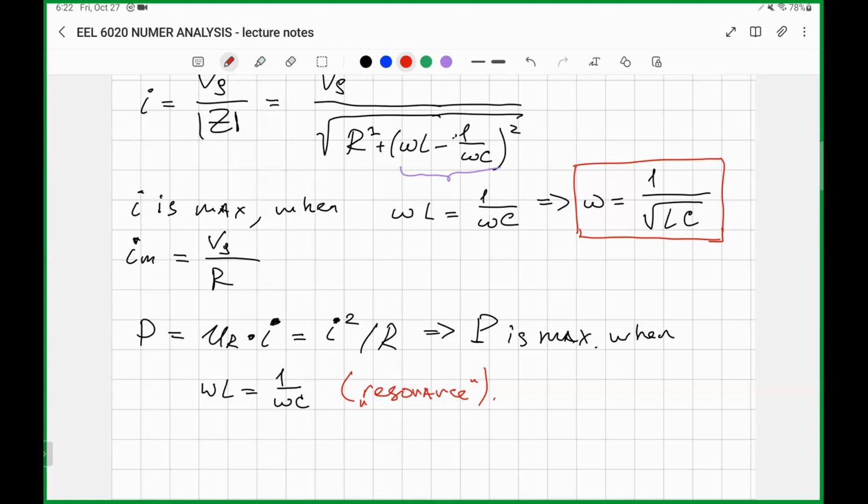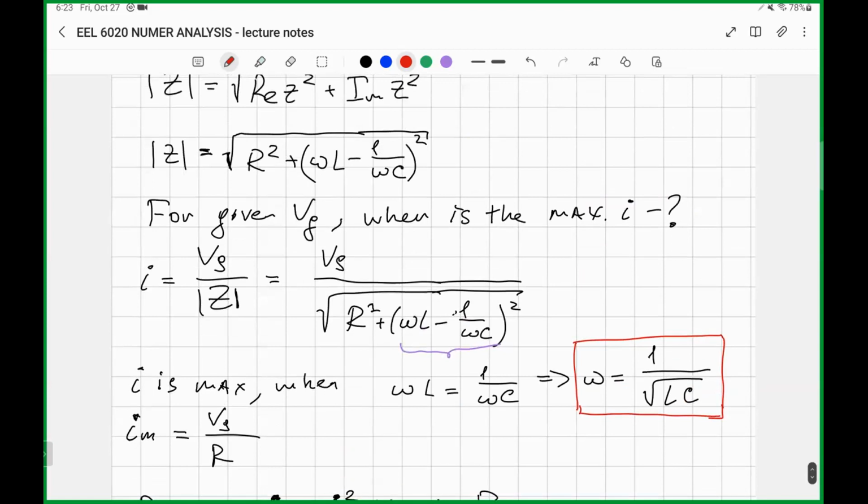For example, in our case, the reactive part of the inductor compensates the reactive part of the capacitor, and so the imaginary part of the input impedance is 0, is gone, and the complex impedance turns into a real number.